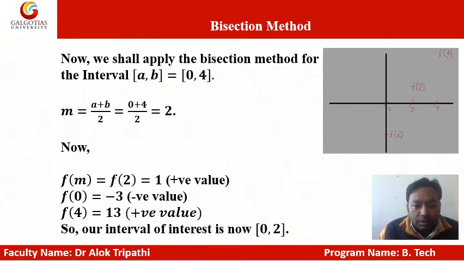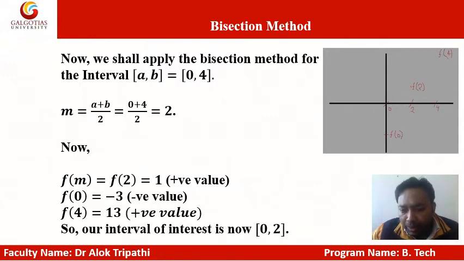Now we already know that f of 0 is minus 3, which is a negative value. F of 4 was 13, which is a positive value. If you see this figure, at 0 the value of the function is lying under the x-axis. The value of the function at x equals 4 is lying above the x-axis. It is a positive value.